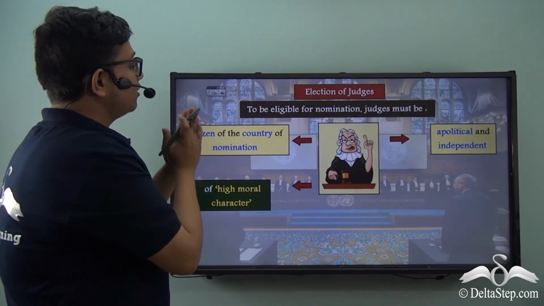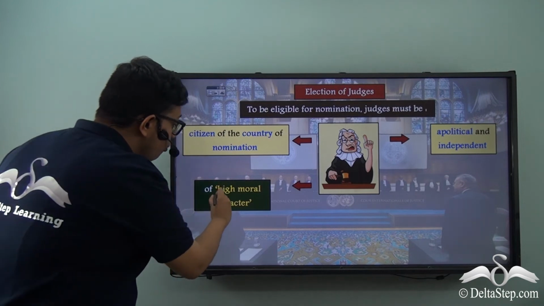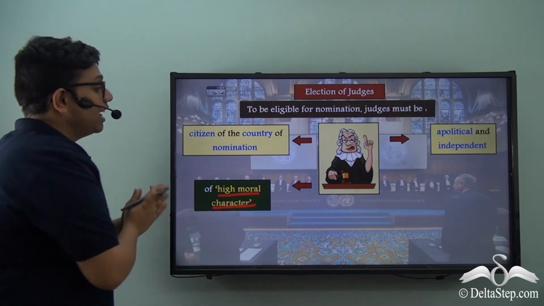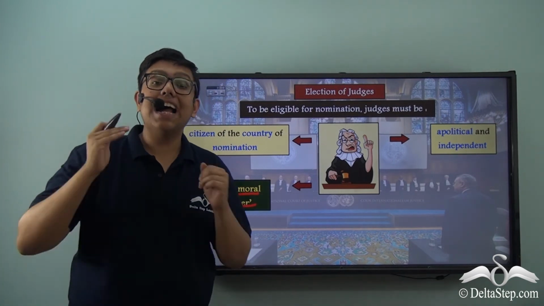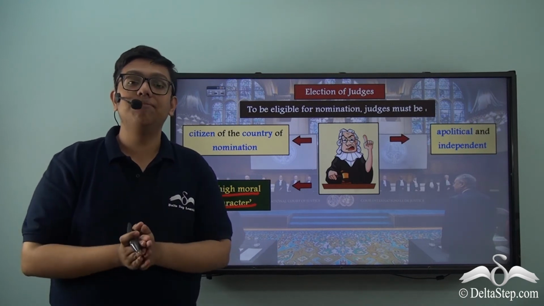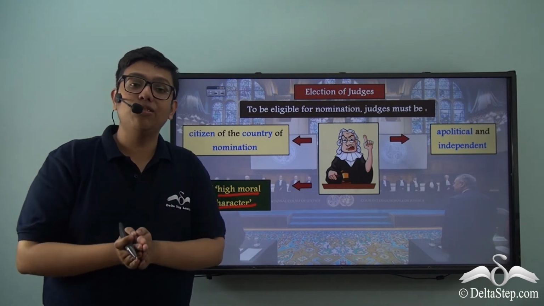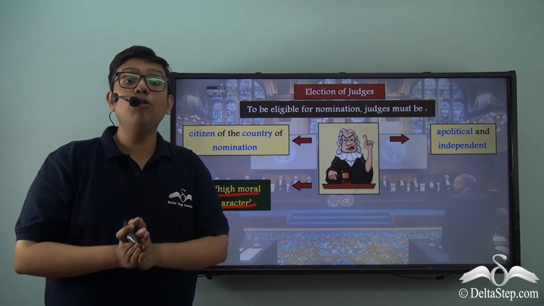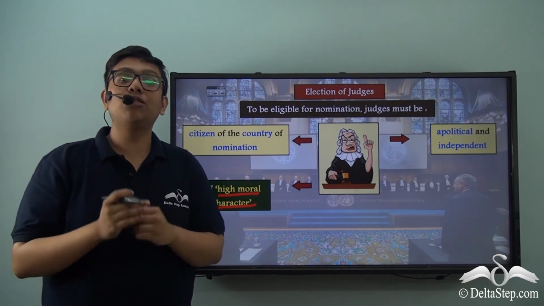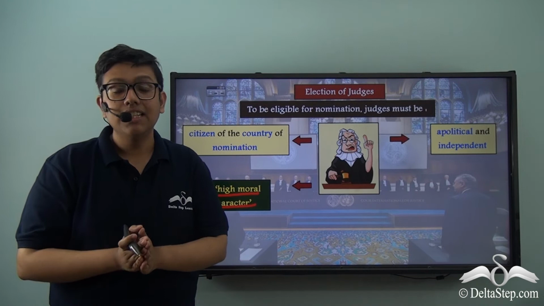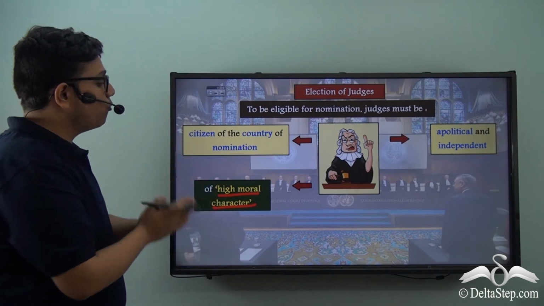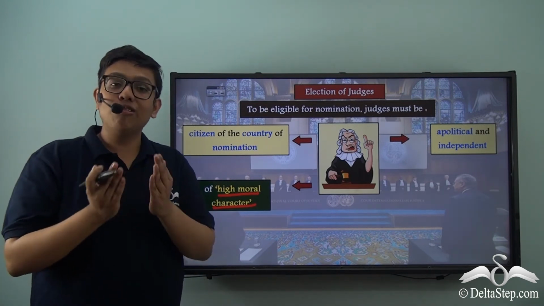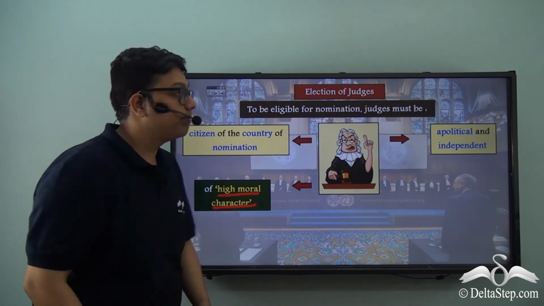The nominees should also be of high moral character, as they would be the judges of the highest international court in the world. And this is done by looking into their previous records, their own criminal history, and also the various judgments they have passed. Now, apart from having a high moral character, these judges also need to have a legal understanding.